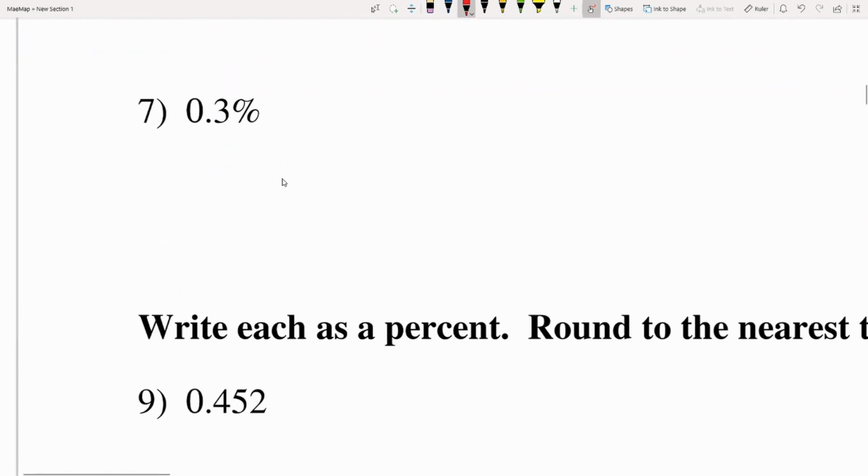I have 0.3% or 3/10 of a percent. So I'm going to need to still move my decimal place 2 times to the left. So once beyond that 0 and then once more to the left. So we're going to have a 0 in front of the 0, which is in front of the 3. So this is going to be 0.003 or 3 thousandths.